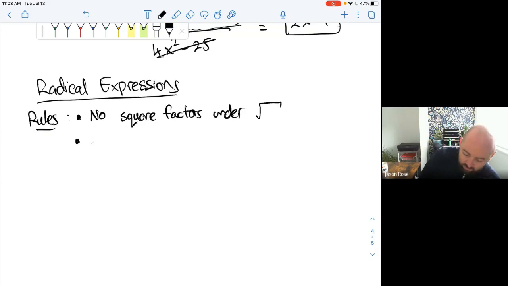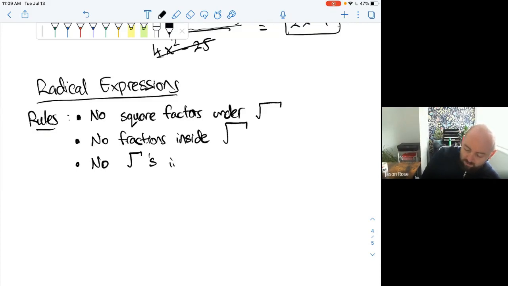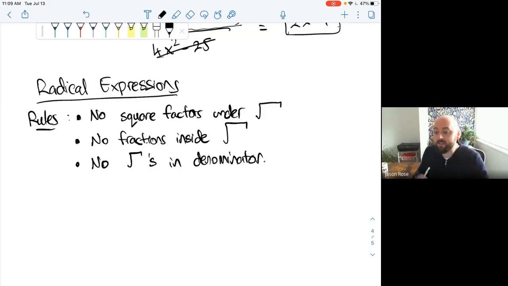We also had a rule, no fractions inside the square root, and no roots in the denominator. I'm trying to write a kind of shorthand here, but I have to be careful. So those are the things that we're watching out for and the things that we're going to try and correct in our simplification process.